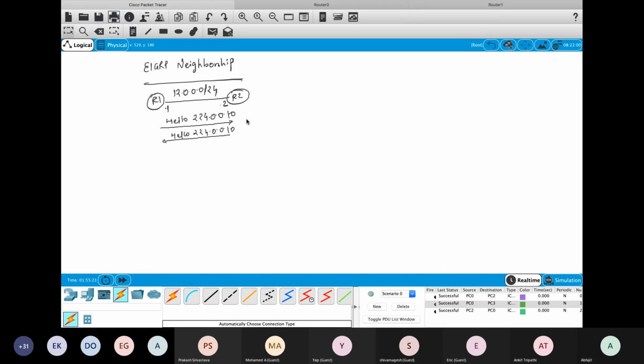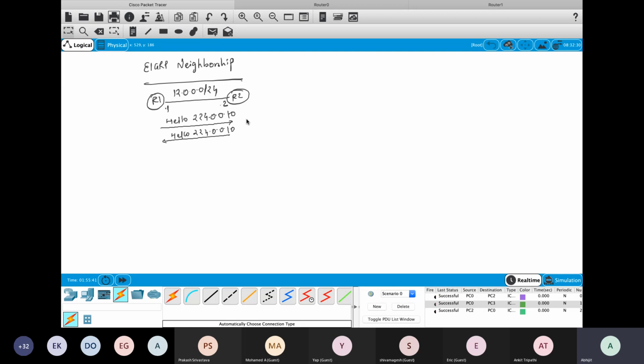So R1 will send that, and R2 will also send the hello message on the same address, 224.0.0.10. Then they need to become neighbors. Let's assume that I go into R1, configure my EIGRP and advertise my network.